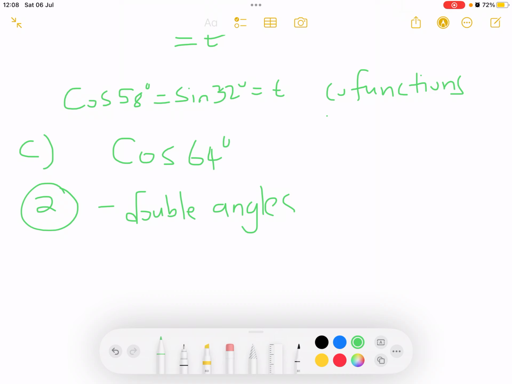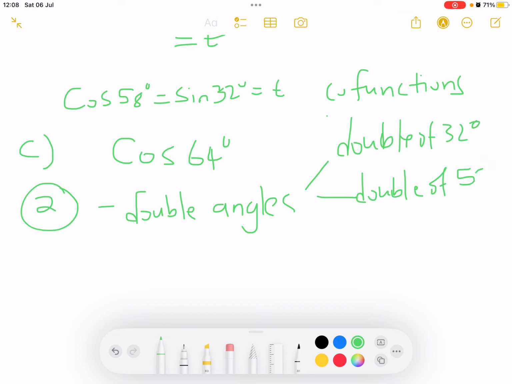So the double angles will be a double of 32 degrees or a double of 58 degrees. Now, the double of 32 is 64. So 32 times 2 is just 64.